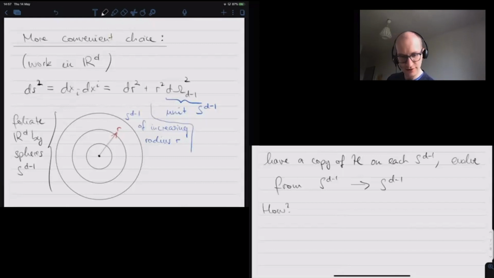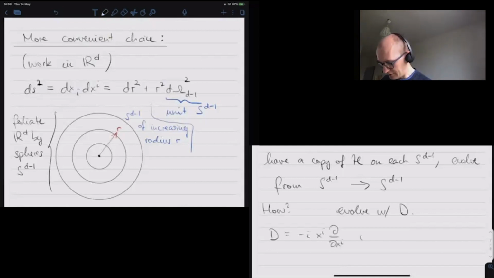And the answer is evolve with the dilatation operator. I would like to show you why that works just before the break. So what we have is the dilatation operator D. This can be written as minus i x^i d/dx^i.